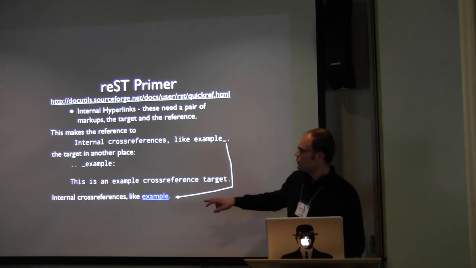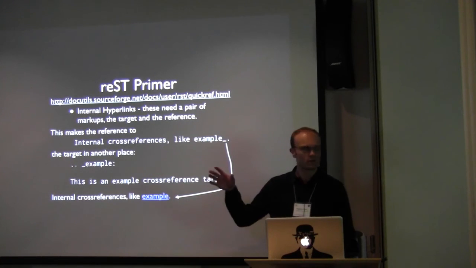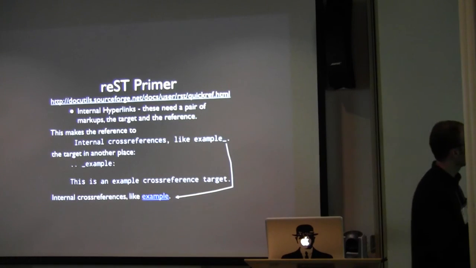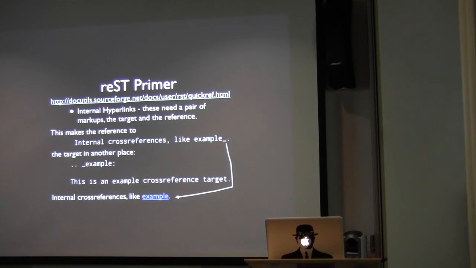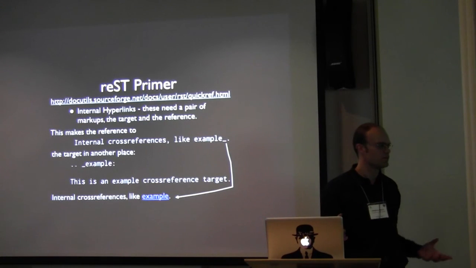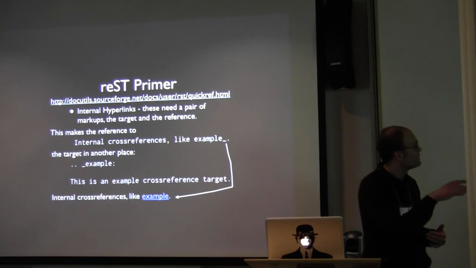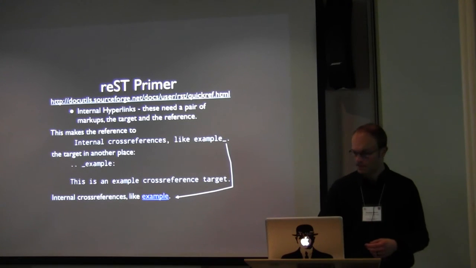When you see the output in the HTML, at the very bottom, example underscore has been replaced with a link that goes to wherever the dot dot underscore example is. And it can be in the same file or a completely different text file, where the target is and the reference.